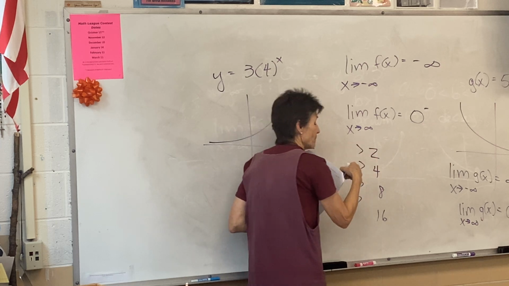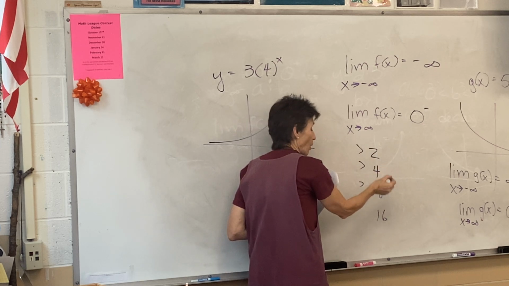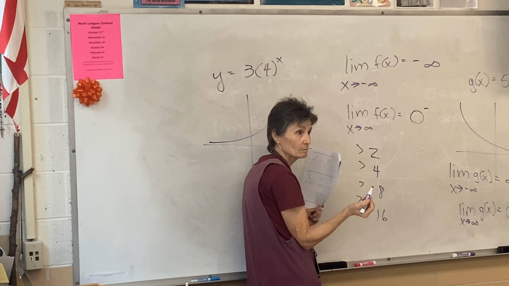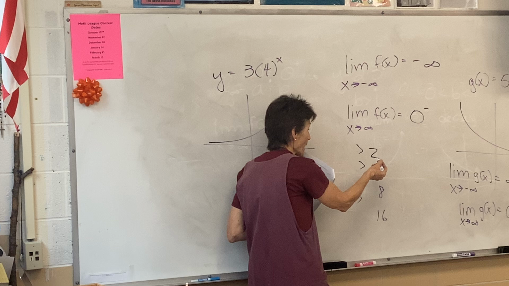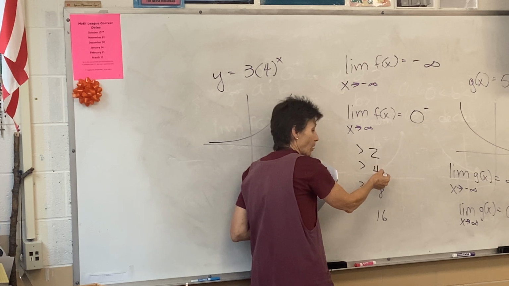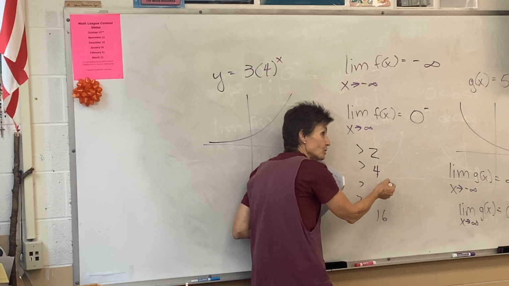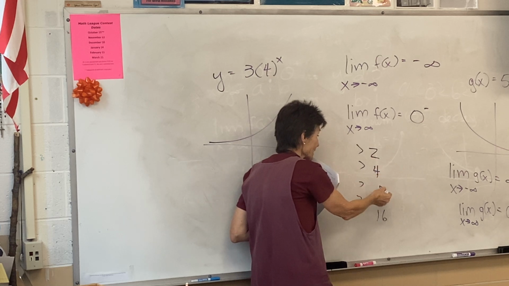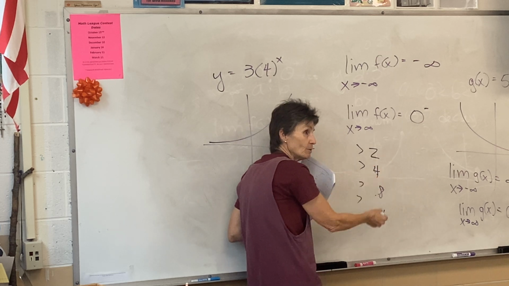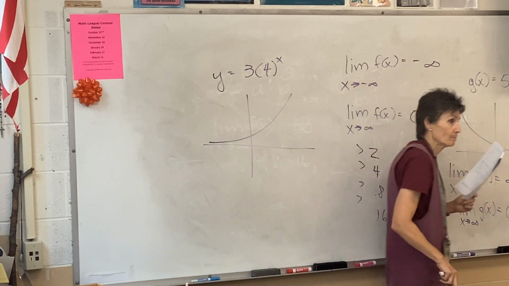If this thing was going to be linear, those would all be 2s or something. If it were going to be quadratic, if I went from 2 to 4, then I would have to go from 4 to 6. But I didn't. I'm not adding anything here. I am multiplying by 2, so that's exponential.